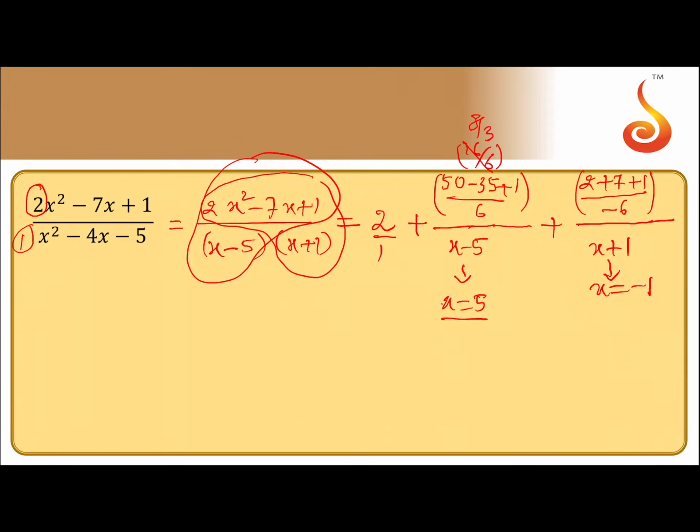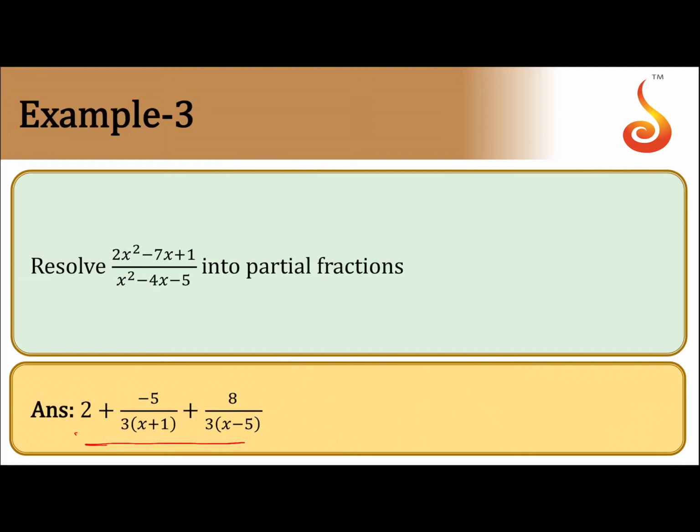This will become −10/6, and that is −5/3. Overall, the partial fractions are 2 + 8/3 times 1/(x − 5) − 5/3 times 1/(x + 1). Yes, −5/(3(x + 1)) and 8/(3(x − 5)) is the answer.